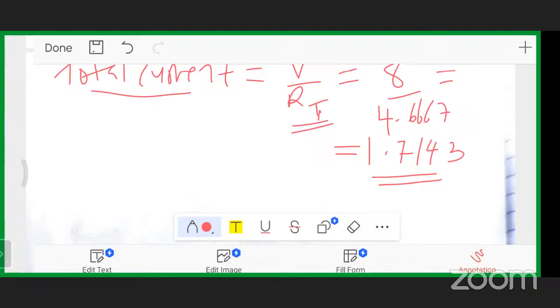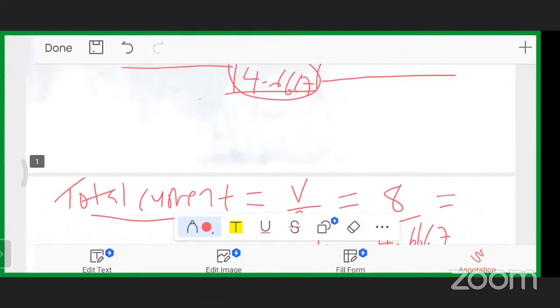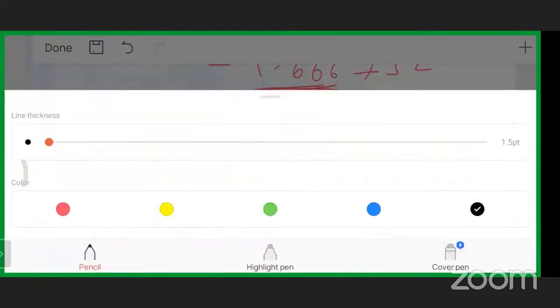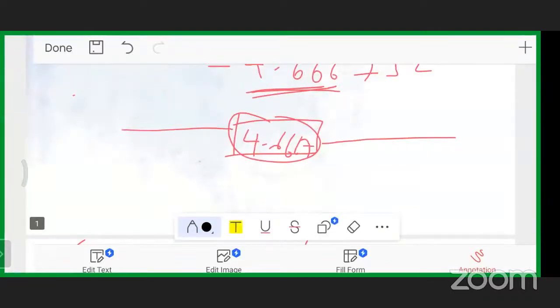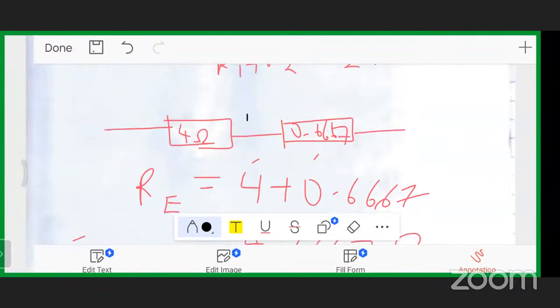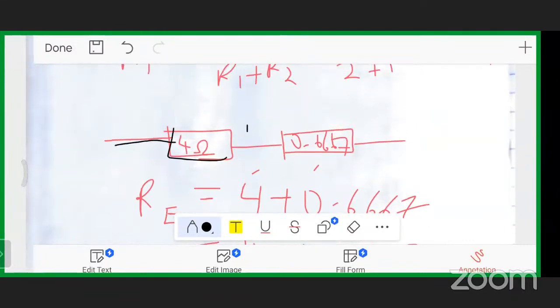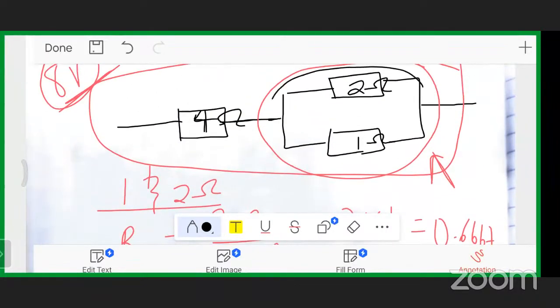And that current, which is the total current, based on the previous work, should be the same for any series connection. So what does it mean to us? It means that the current of 1.7143 is the current flowing through this 4 ohm resistor, and the same current is flowing through this combined resistor. So this system of 2 ohm and 1 ohm has a total current of 1.7143.